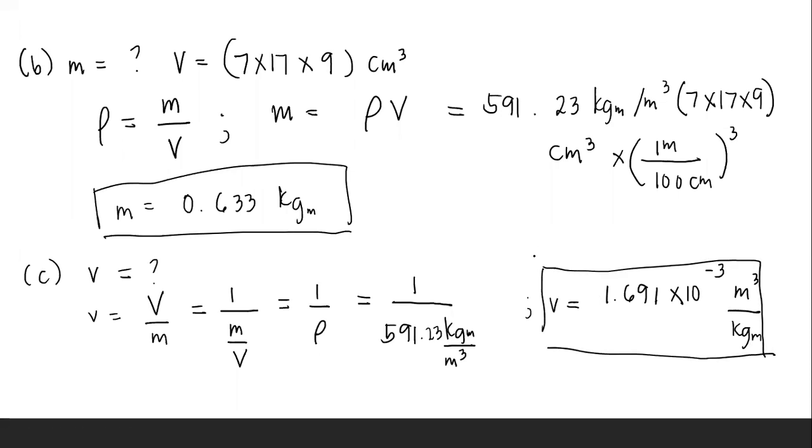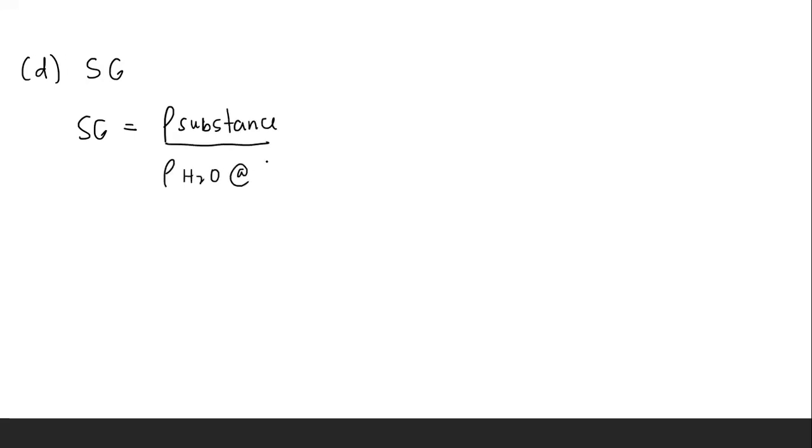Letter D, the requirement is the specific gravity. The specific gravity is equal to the density of the substance over the density of the water at 4 degrees Celsius.